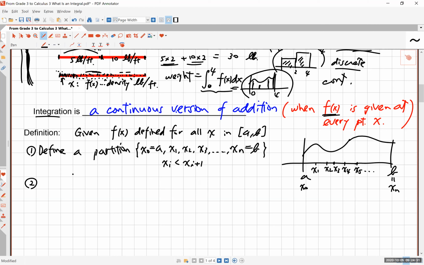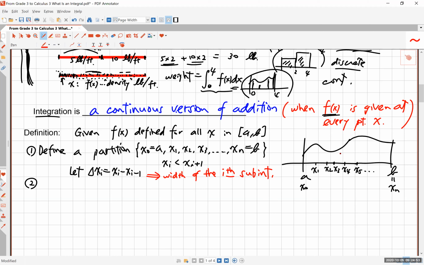Then we let delta xi be xi minus xi minus 1. This is the width or the size of the ith subinterval. I hope this makes sense.